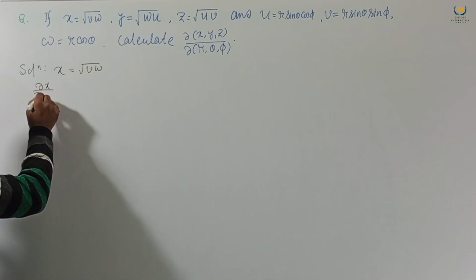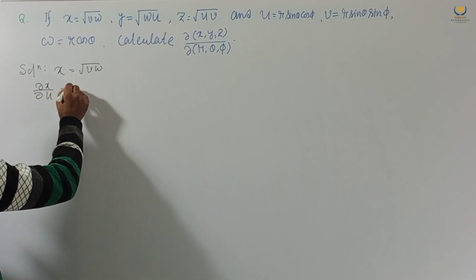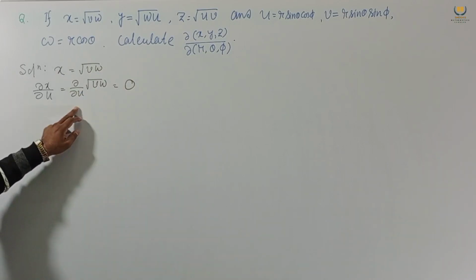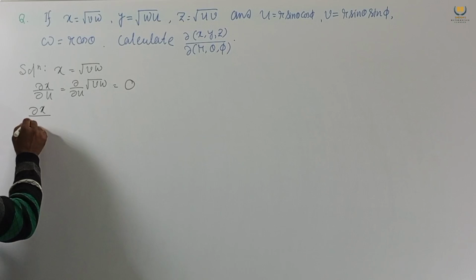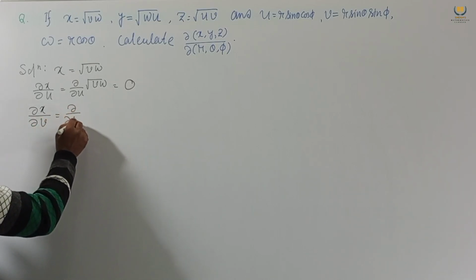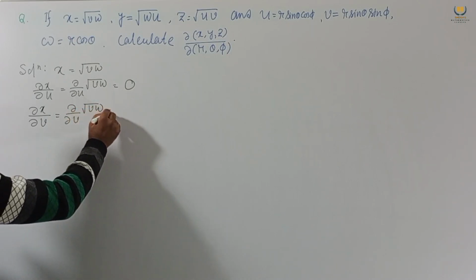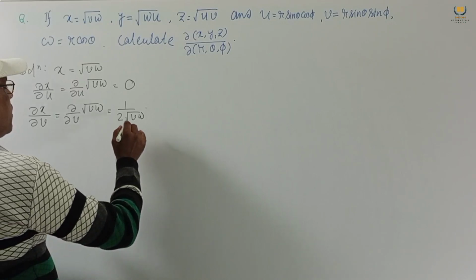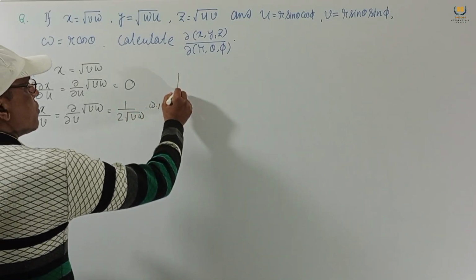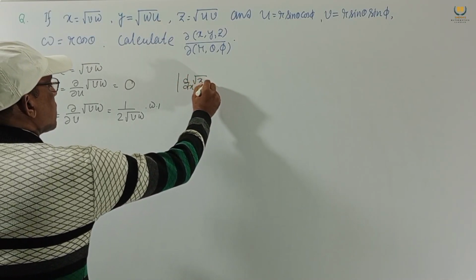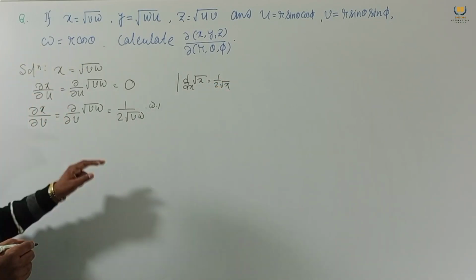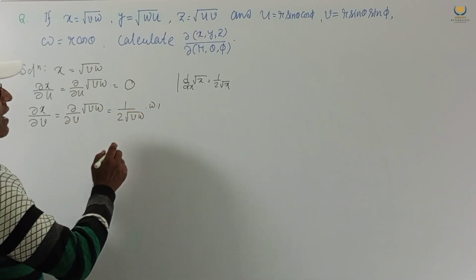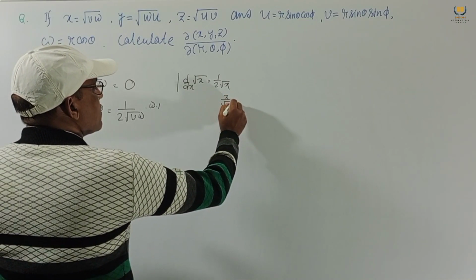So ∂x/∂u, the partial derivative of root vw with respect to u, will be 0. ∂x/∂v is 1 by 2 root vw into w into 1, because we know the formula d/dx of root x equals 1 by 2 root x.